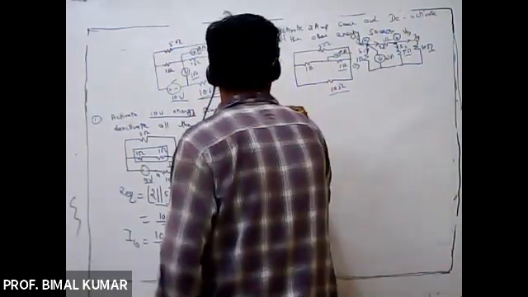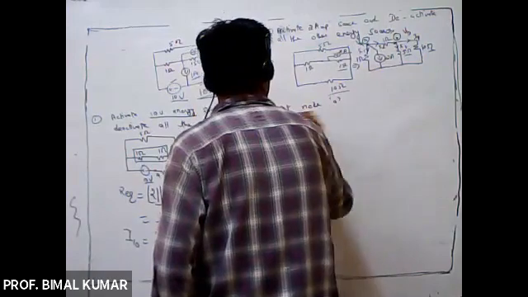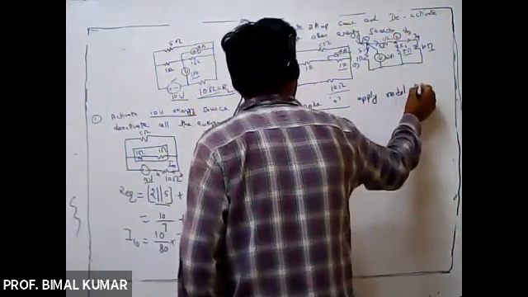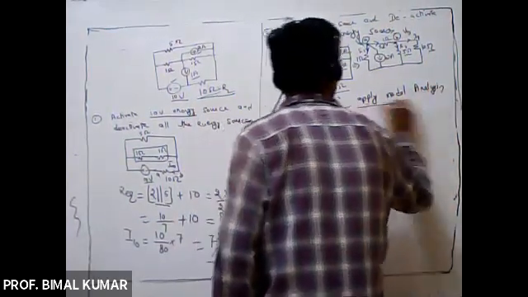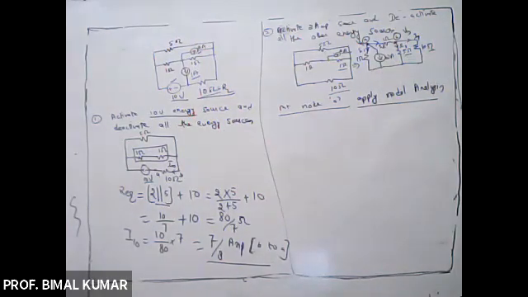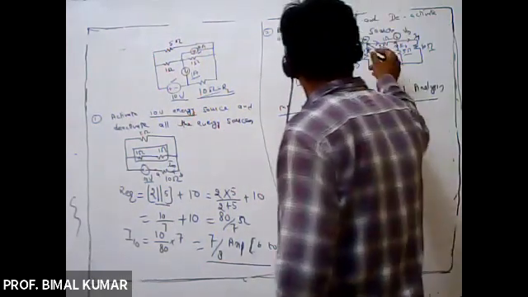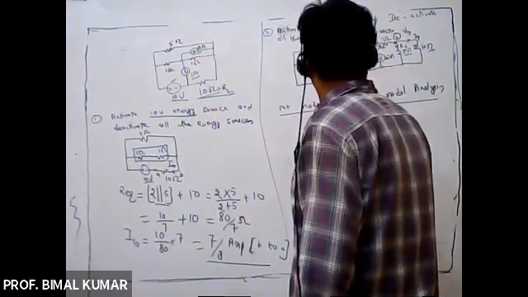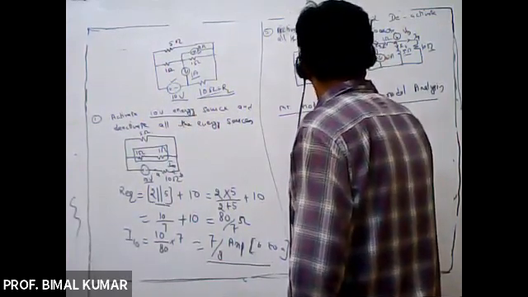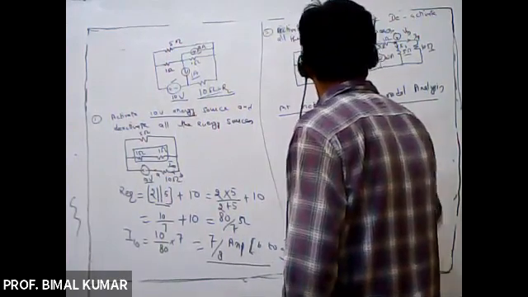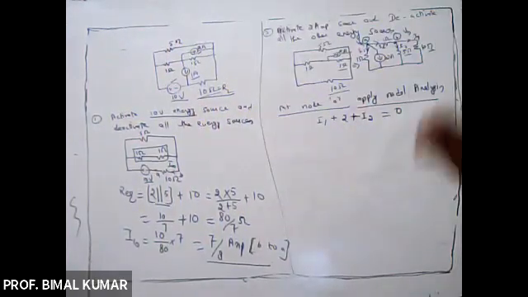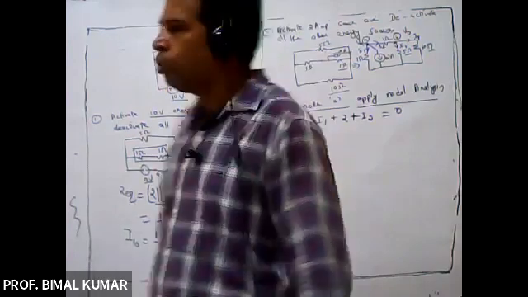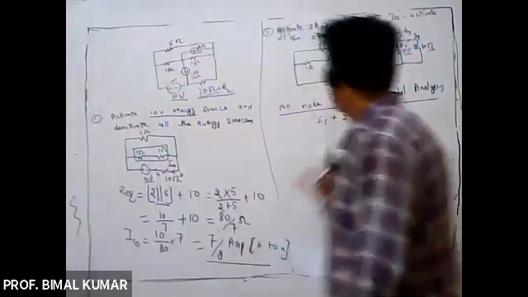So at node A, apply KCL or nodal analysis. All the currents are in the outgoing direction, and no current is incoming.